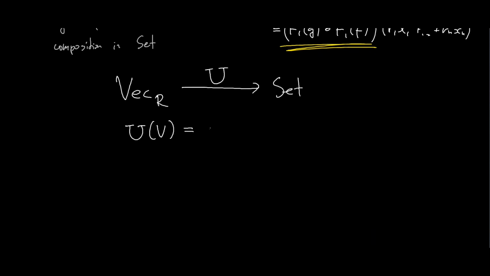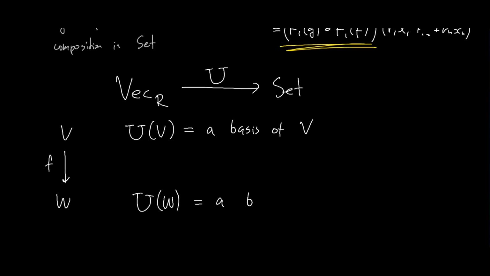So if this is a basis of V, and then we have a linear map F between V and W, and this is some basis of W, we would now want to have something natural here, a function between those bases.